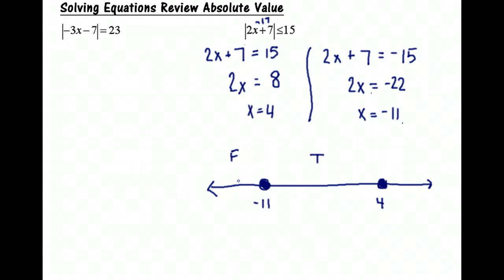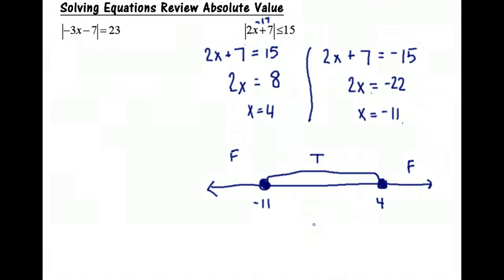Any value less than negative 11 fails. The same will hold up for any value greater than 4. Let's say 5. If I put 5 in here, 5 times 2 is 10, plus 7 is 17. That's also greater than 15, which makes our inequality false. So you'll see here that the values for which this works are in between negative 11 and 4.